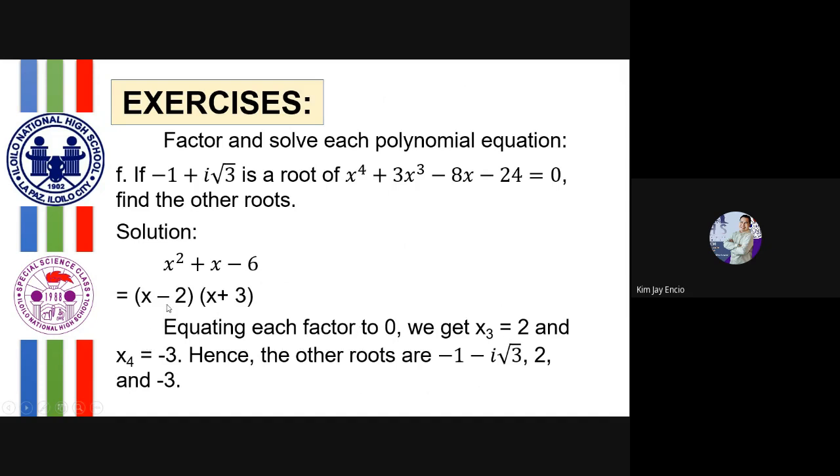We have x minus 2 equals 0, that's 2 as our x sub 3, and x plus 3 equals 0, that's x sub 4 equals negative 3. Hence, the other roots are the conjugate of the given, which is negative 1 minus i square root of 3, 2, and negative 3.